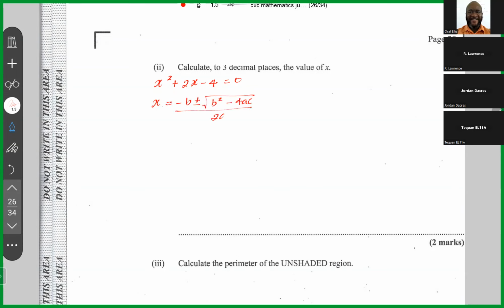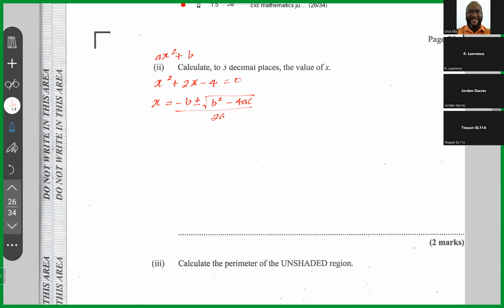My quadratic equation is in the form ax squared plus bx plus c is equal to 0. So a is 1, b is 2, and c is minus 4.